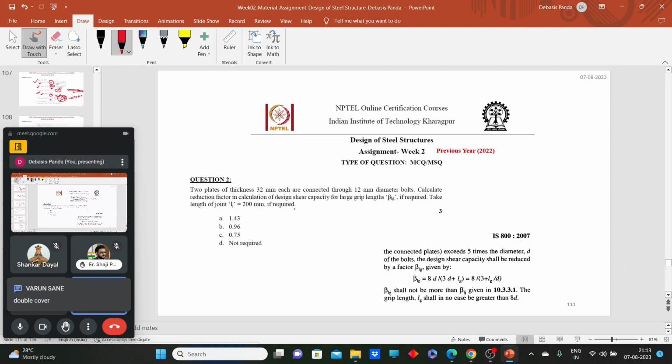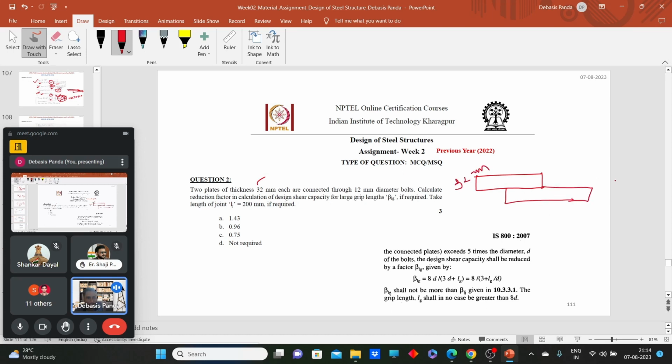Now, here it says two plates, thickness 32 mm. So two plates are there, 32 mm, 32 mm. Very good. Now we need to connect them through a 12 mm diameter bolt.